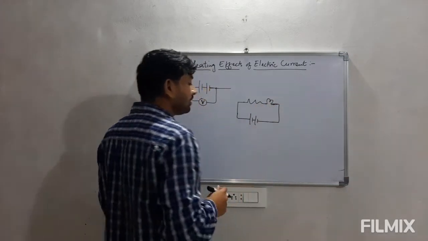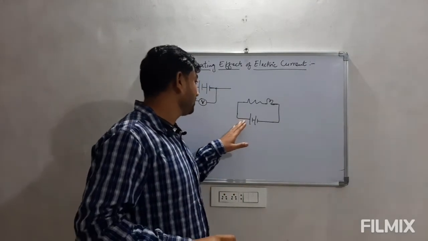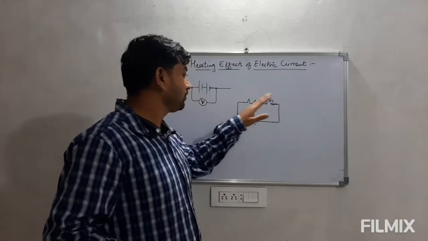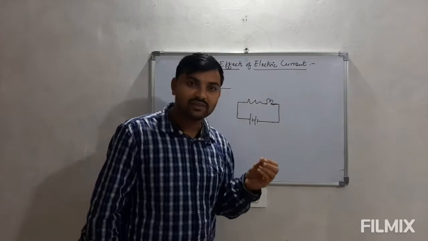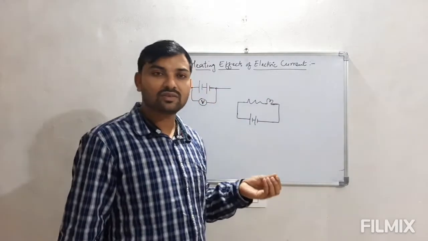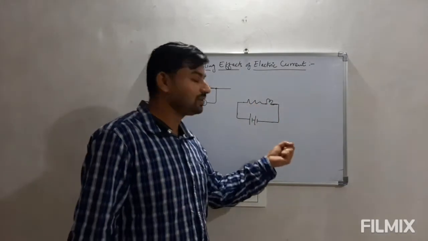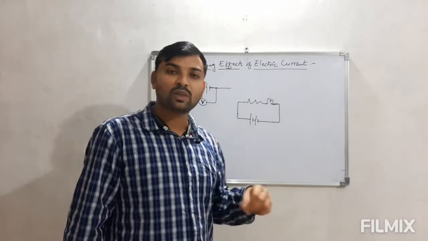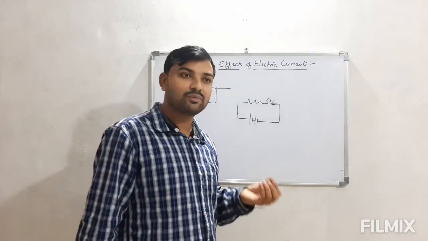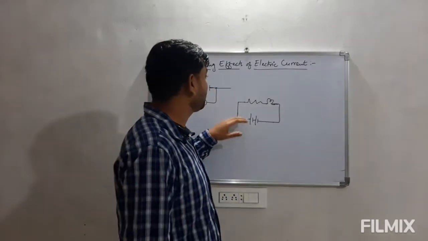Whatever the potential difference is, some current will flow through the circuit, and most of the energy is used in some useful work. Like in a bulb, the energy will be used in the form of light energy. The bulb will emit light energy by using the energy of this source.